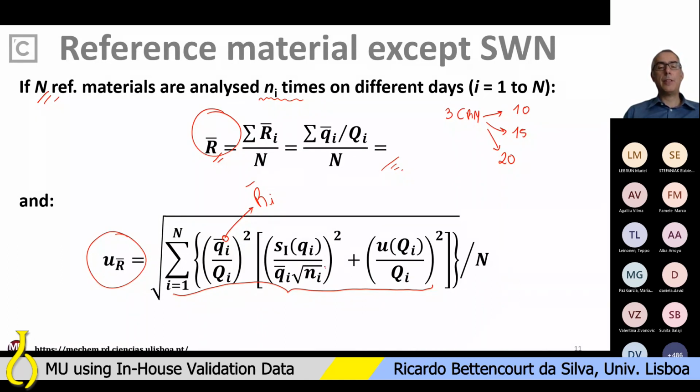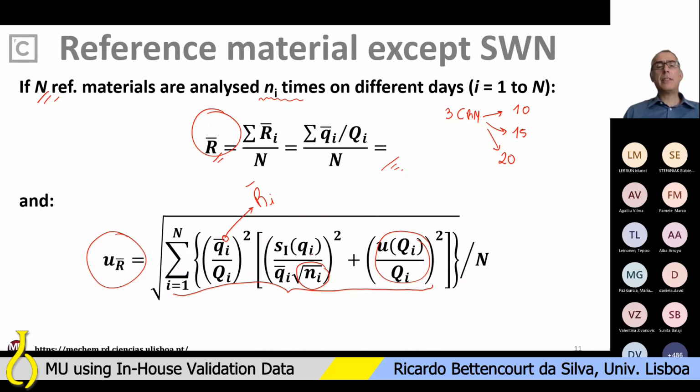So here we have this additional term, together with the % standard deviation and the mean measured value of the different reference materials. We have the square root of n, the number of replicates, and for each reference material we have the respective reference value uncertainty in a relative way.